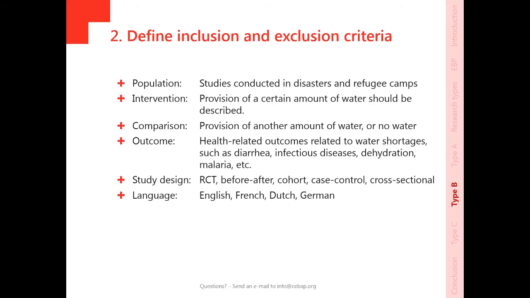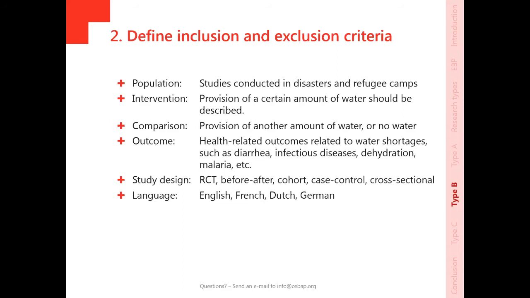For the research question that we have, a population could be defined as all studies conducted in disasters and refugee camps. As an intervention, we included all studies that involve the provision of a certain amount of water. As a comparison, another amount of water or no water should be provided.